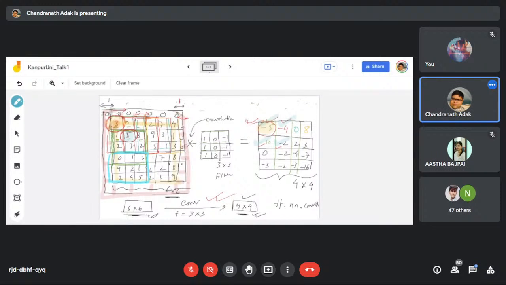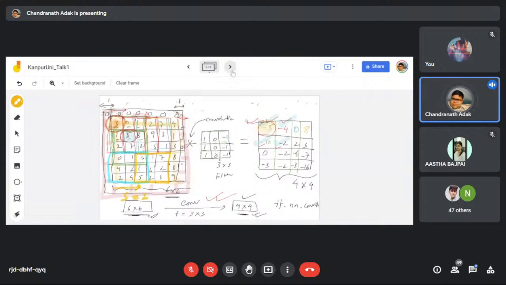Now if I slide 2 positions, next I am getting this one. So I have strided 2 positions. So here stride equals 2. In this way we can perform it. Clear?